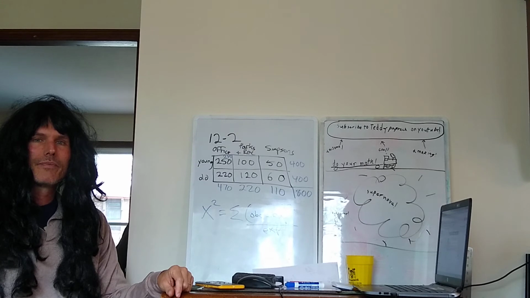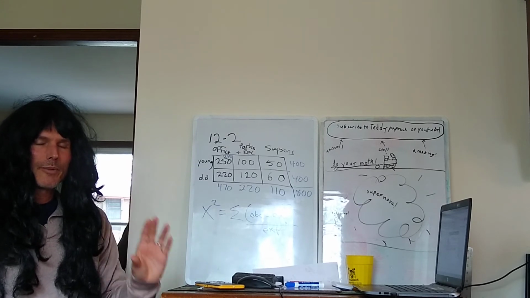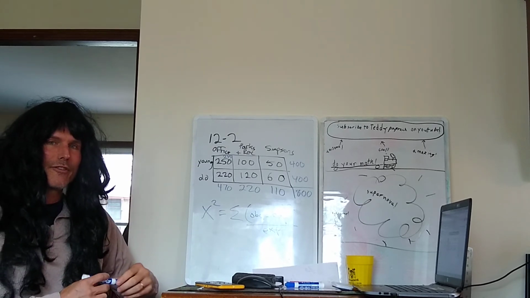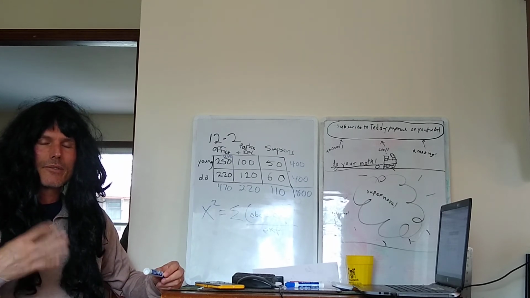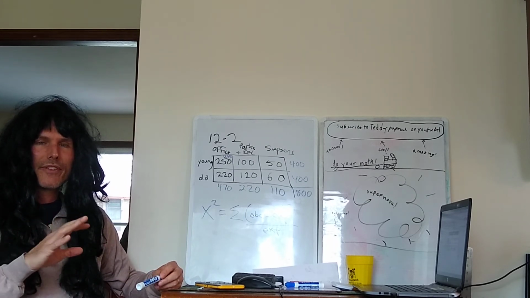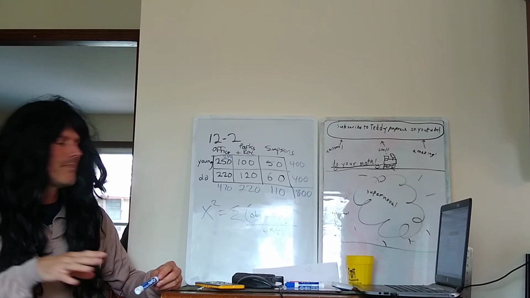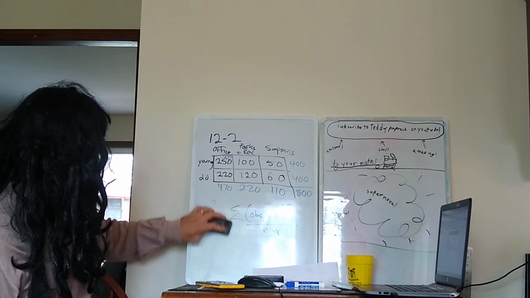Now, something we need to talk about here: degrees of freedom. Remember with the chi-squared goodness of fit test, the degrees of freedom was just the number of categories minus 1. It's different here.